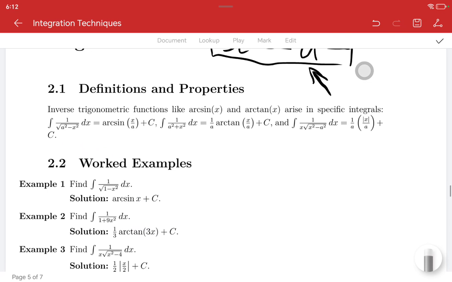Yeah, so this is taken from this, right? We have these ones as the first one.